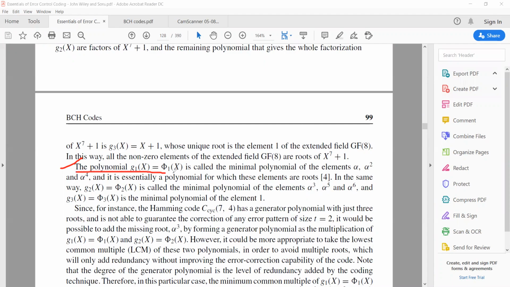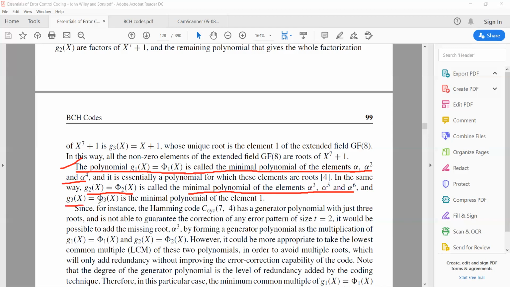Same as g2x, which is called the minimal polynomial of the elements alpha cube, alpha to the power 5, and alpha to the power 6, which are the roots of g2x. g2x is 1 plus x square plus x cube, right?